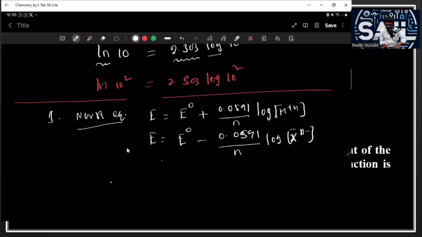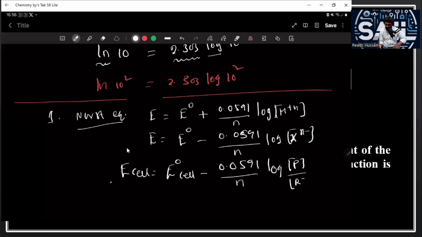And for the total cell, E cell is equal to the standard potential of the cell minus 0.0591 by N log of product concentration by reactant concentration. This is for the total cell.